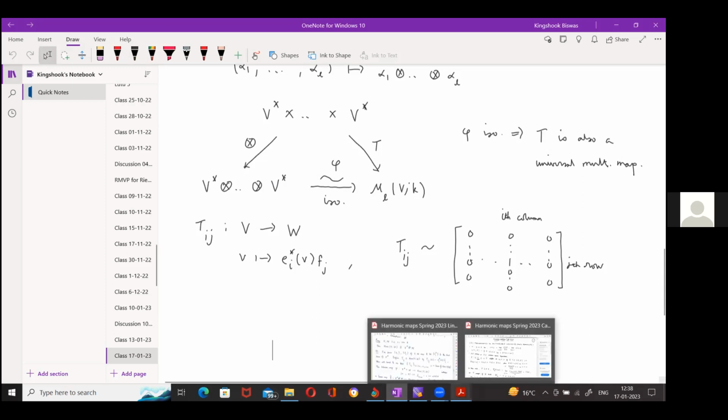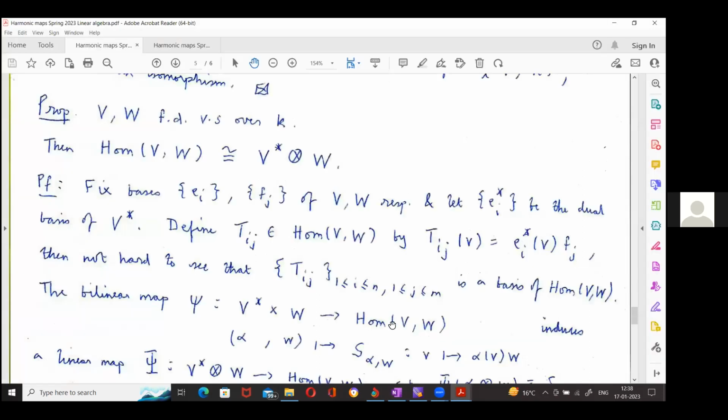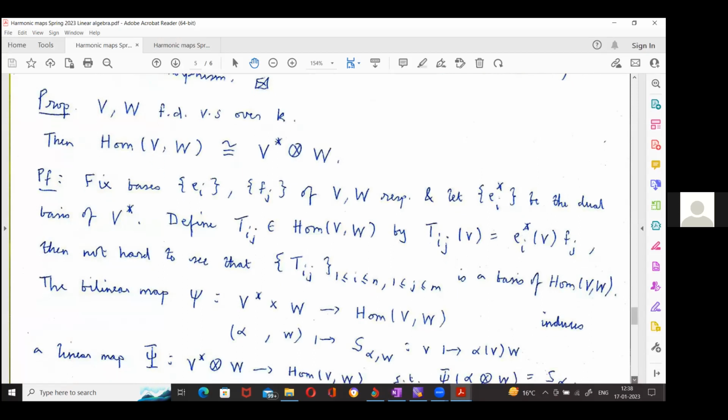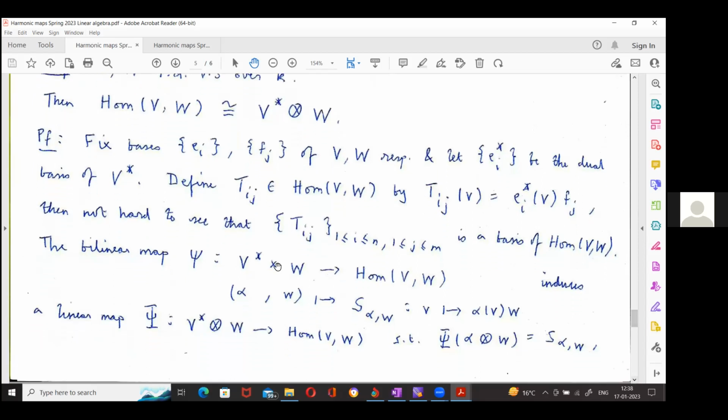Now we're going to define a linear map from V star tensor W to Hom(V, W) as follows. First of all, notice there is a bilinear map from V star cross W to Hom(V, W). So how is this bilinear map defined?